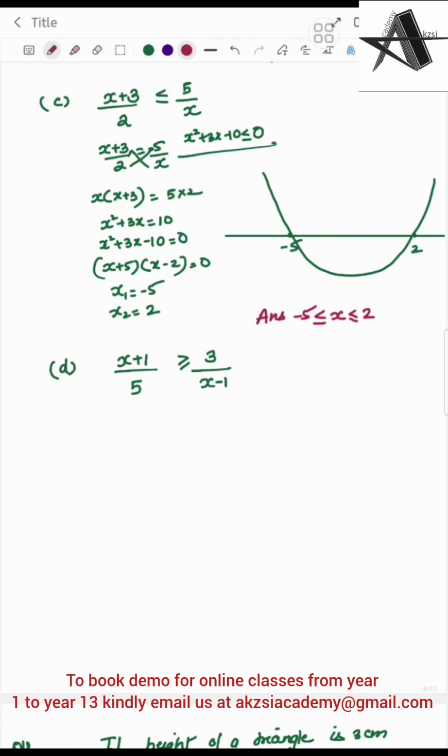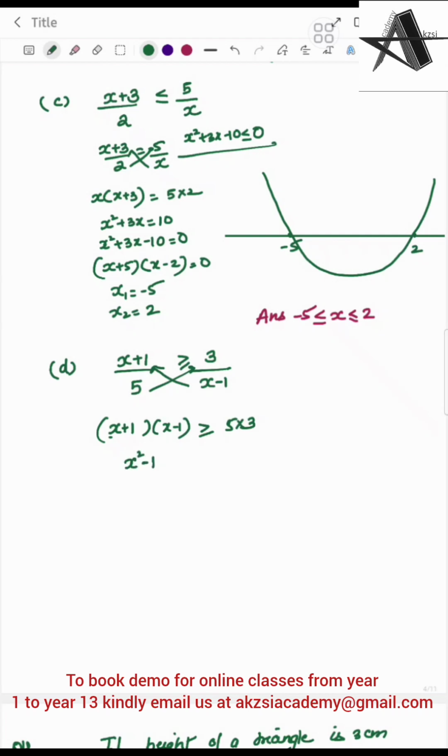Now (x plus 1) over 5 greater than or equal to 3 over (x plus 1). Cross multiplying, (x plus 1) over 5, (x minus 1) will go there and 5 into 3. This will be x squared minus 1.